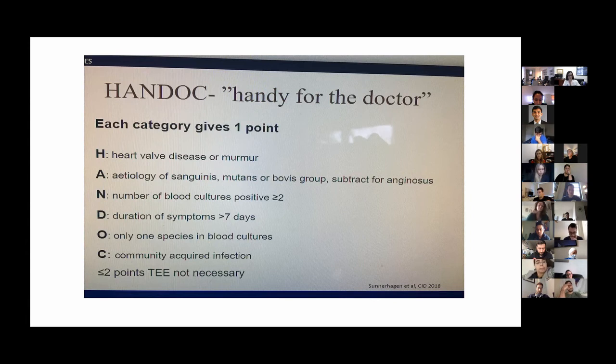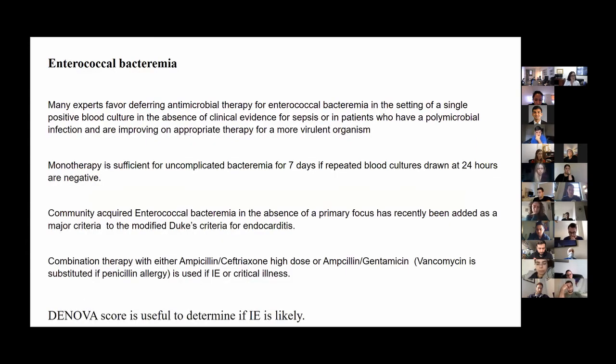And last is enterococcal bacteremia, which I mentioned briefly at the beginning. Some people defer treating if it's just one blood culture, one bottle, and they really don't look sick.